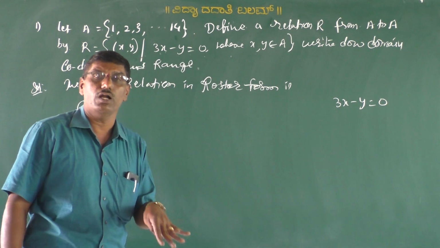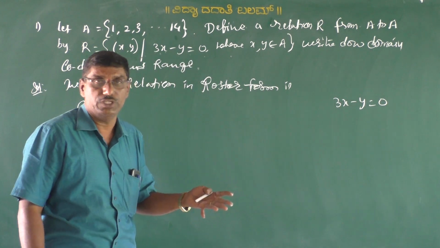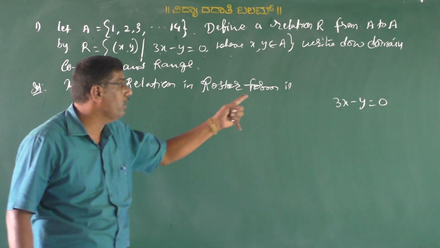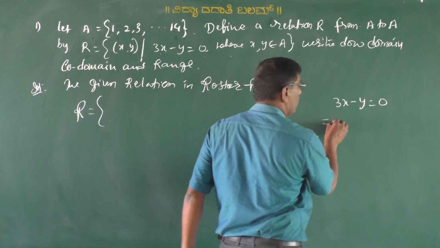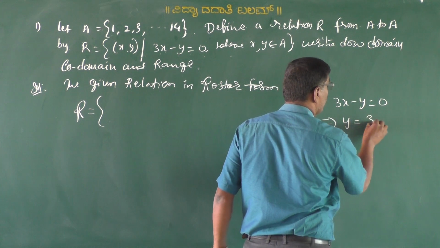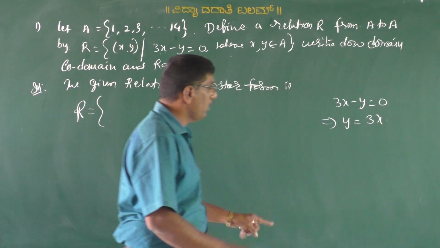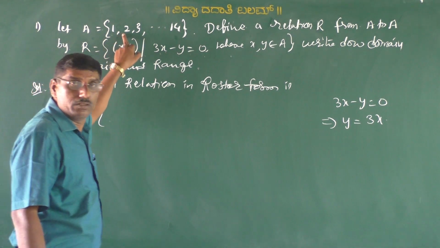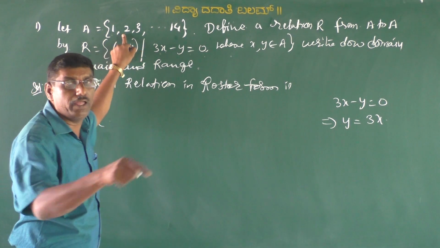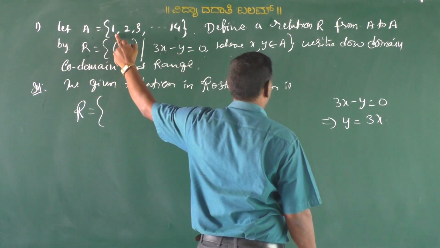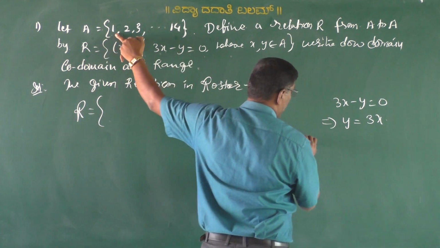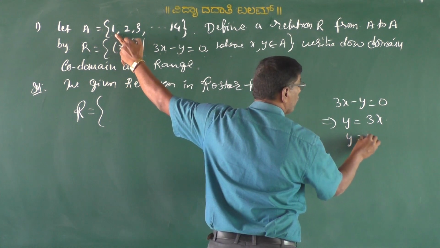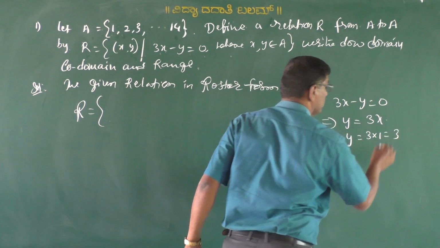The condition is also called the rule, isn't it? See here. From this, we can write y equals 3x. Now we have to give the values of the elements of A. For x equals 1, then y equals 3 into 1, we get 3.